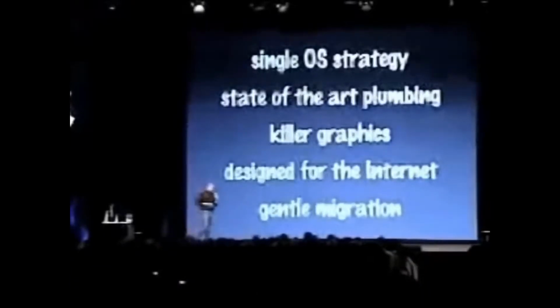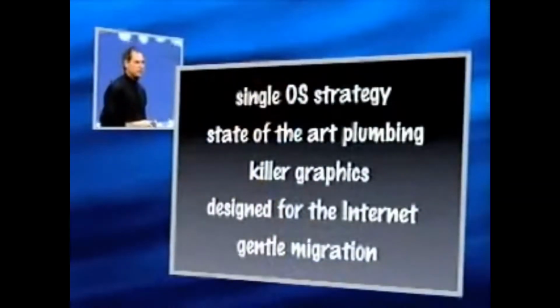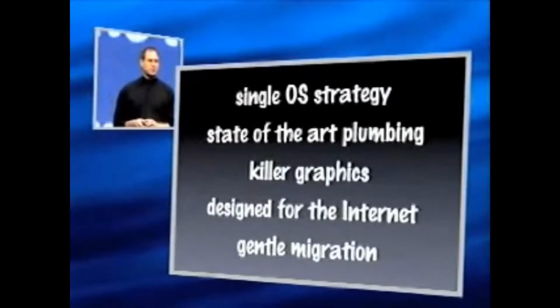We need to design it in such a way that we use internet standards throughout, and we've done that. And we need a gentle migration, because we have 25 million users using our current generation operating systems. So these were the goals for Mac OS X. But to sum it up, it was make the next great personal computer operating system.